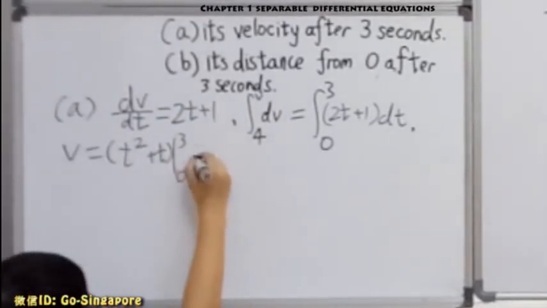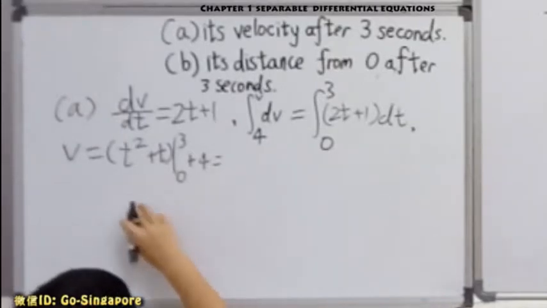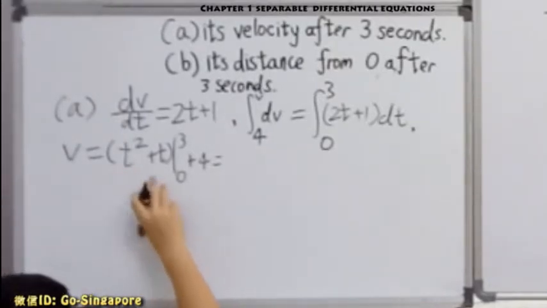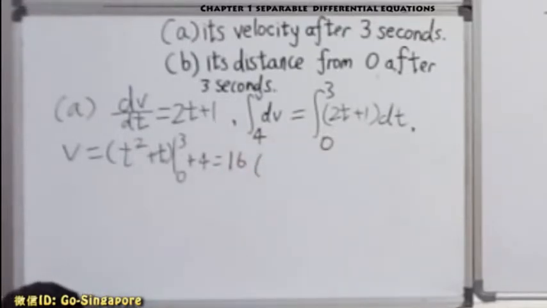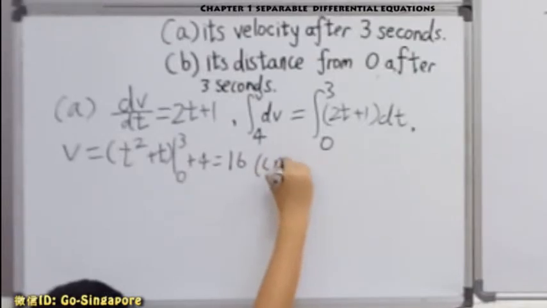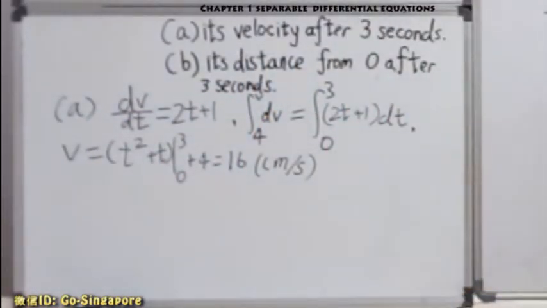So this is 9 plus 3 plus 4, which is 16. Remember, this is our velocity, which is in centimeters per second. So that is our part A.